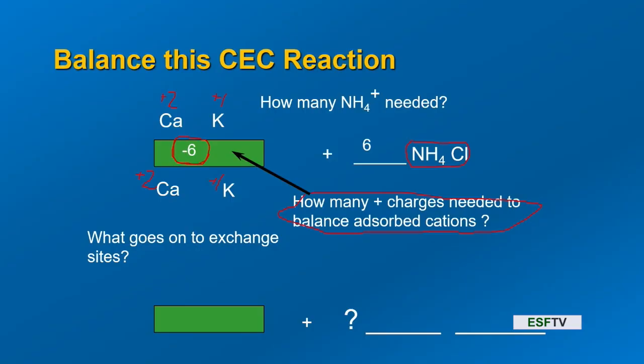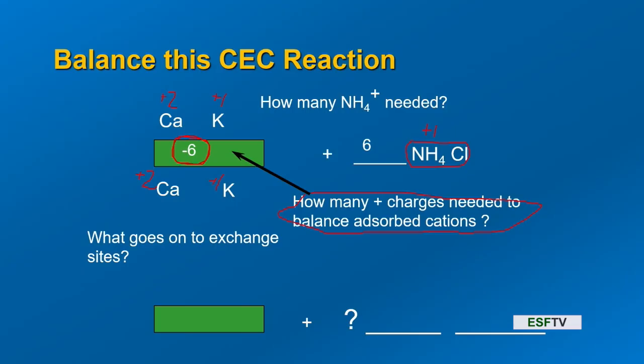So now we have -6. Okay? So if we have -6 here, we want to balance that with ammonium. What is the charge on NH4? It's +1. I've asked you to know that, right? So if I have 6 negative charges, and I have 6 positive charges, I need 6 of these NH4 pluses to balance this.